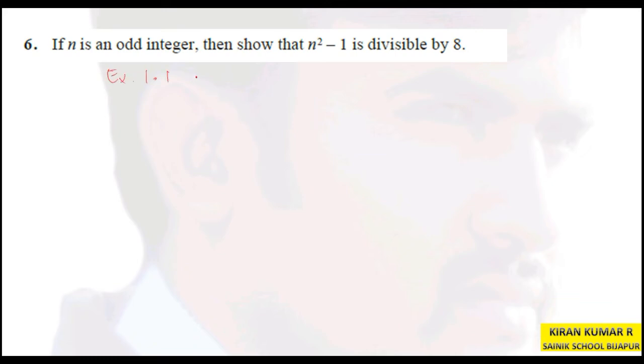If you remember, look at question 3 of 1.1. We had explained how an odd integer, when it is squared and 1 is subtracted from that, is divisible by 8. Now kindly solve this. Refer exercise 1.1 question 3. Try it out. It is also an important question.